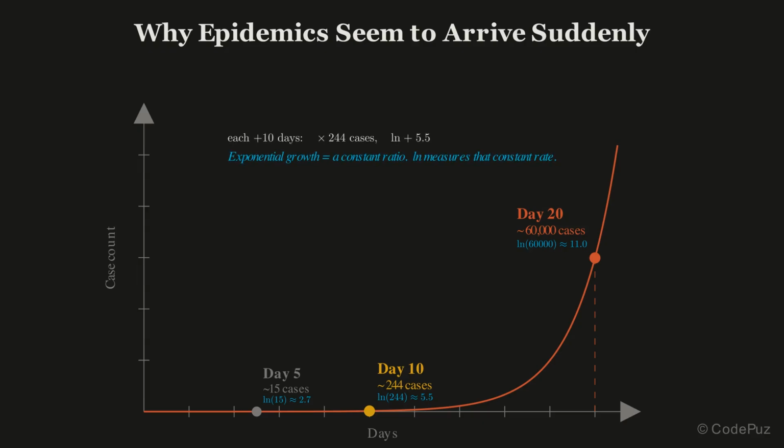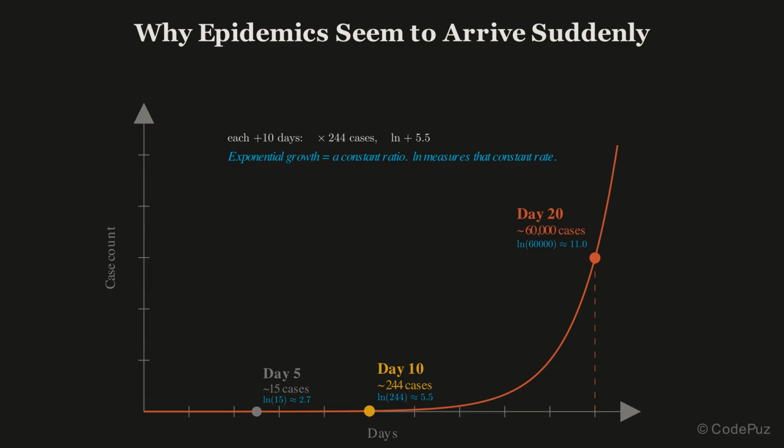Look at the pattern. Each 10-day window, the case count is multiplied by roughly the same factor, 244. But the natural log increases by the same fixed amount each time, about 5.5. That is exactly what exponential growth means. A constant ratio, not a constant difference.